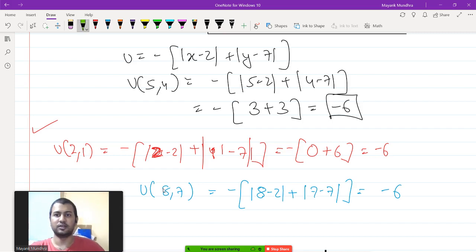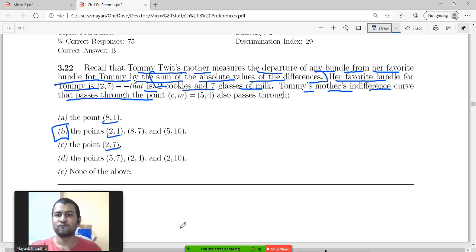Finally, utility at point 5 comma 10 is negative of mod 5 minus 2 plus mod 10 minus 7, so that's minus 6. All three points have the same utility as the point 5 comma 4, and hence the answer is B.